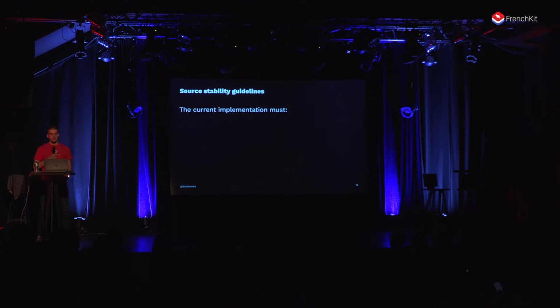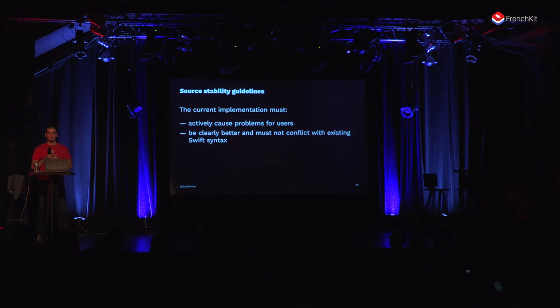So source stability guidelines are a bit stricter now. If we want to change something in the library or in the language, we need to have proof that the current implementation actively causes problems for users.